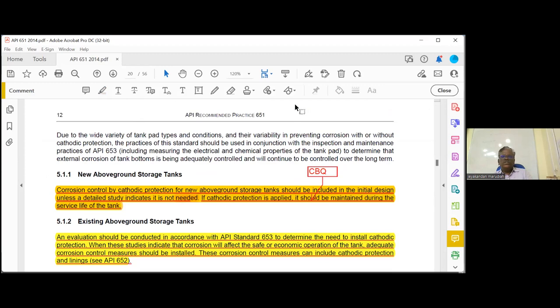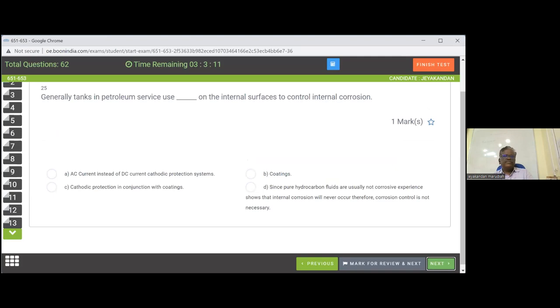So there are two questions here. Okay. Next. Generally, tanks in petroleum service use coating on the internal surface to control internal corrosion.